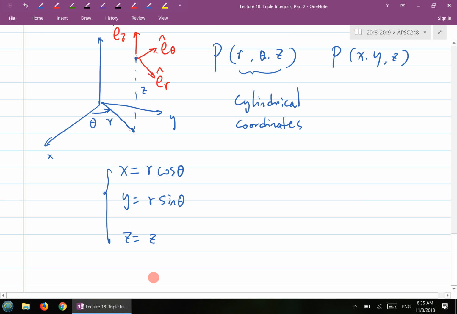Now I have the connection, and the next question is how can we evaluate a certain triple integral in cylindrical coordinates? But before we do the evaluation, I want to ask you to visualize. If I give you theta equal to 45 degrees, what would you visualize in terms of this cylindrical coordinate? What type of object will it give you?